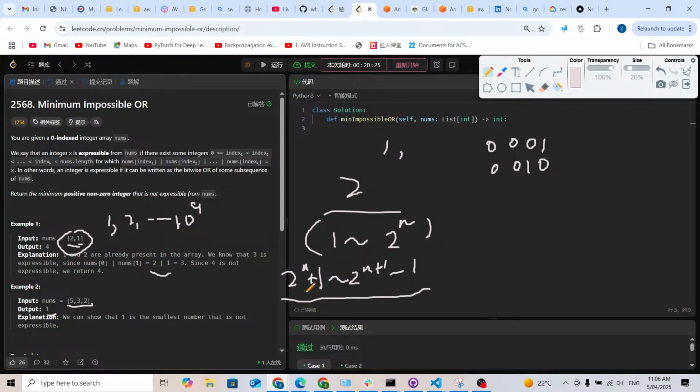We're going to have this kind of formula. If you understand that, basically it's going to be an easy problem.